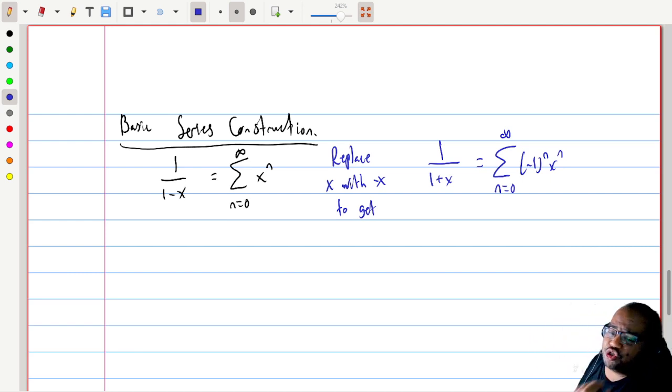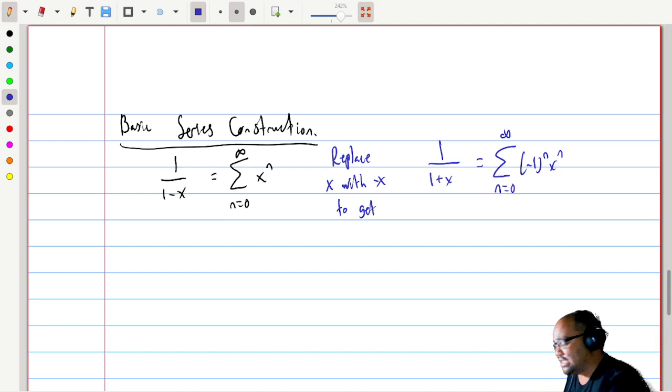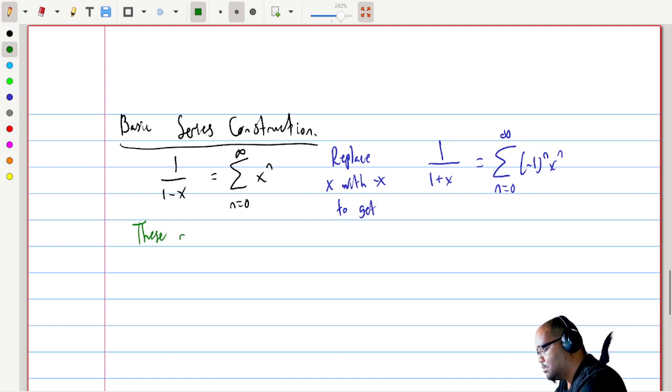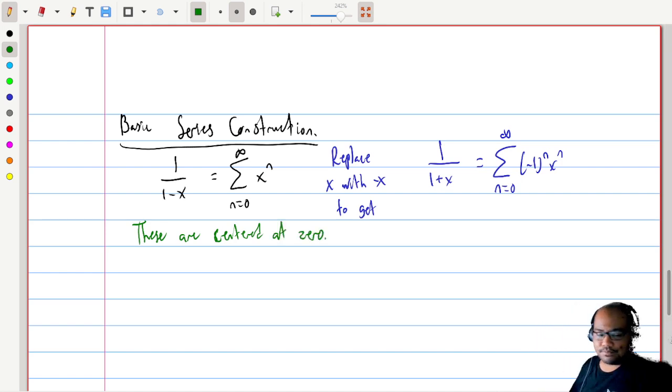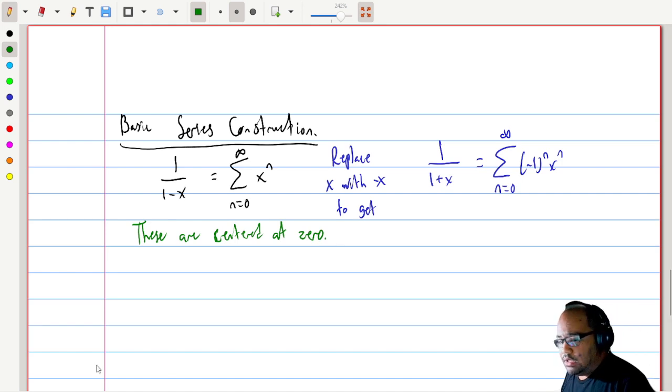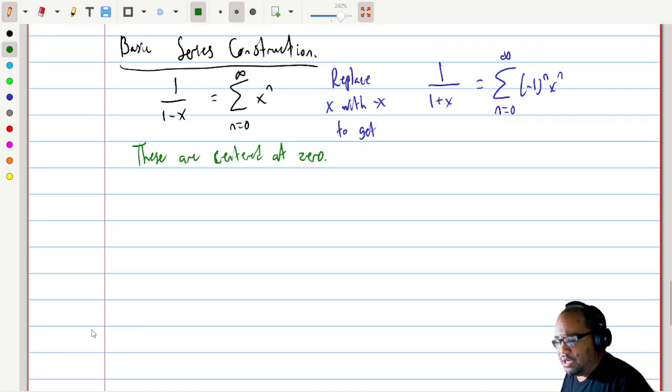So these are going to be our two basic constructions here. And these are centered at 0. Okay, let's note that here. Centered at 0. Okay, so now we're going to go ahead and do some basic power series constructions here.